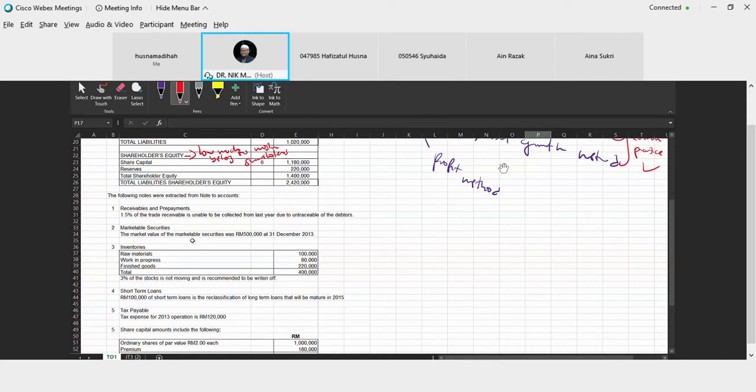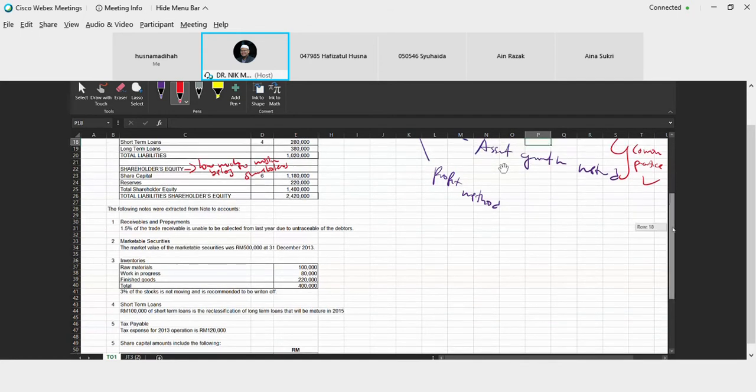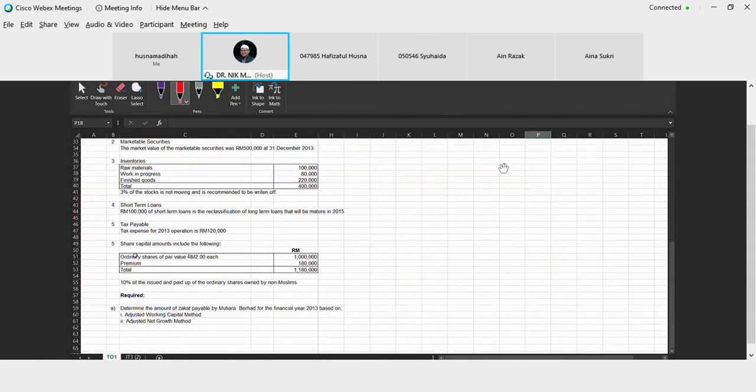You are going to be given information about the total marketable securities for the current year accounting period, and information about inventories, short-term loans, tax payable, and the share price for ordinary shares and preferred or premium shares. You are going to be required to prepare the zakat amount based on these two methods.